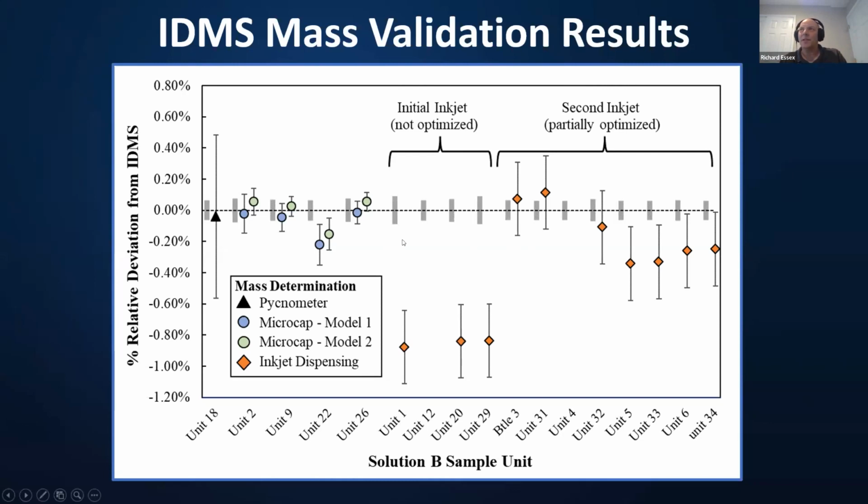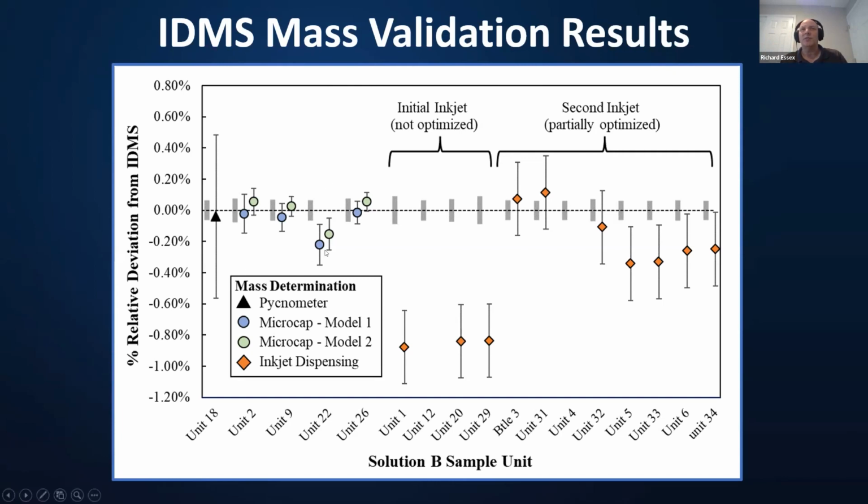For the microcapillary measurements, we see two values here, and that has to do with two different ways of modeling corrections for evaporation that takes place while you're weighing. The good news is that these two methods give fairly similar, although somewhat systematically different, values, and they're all consistent with what we get from the isotope dilution work.